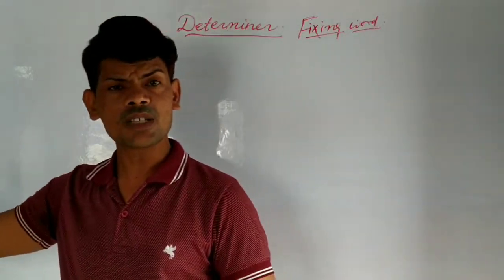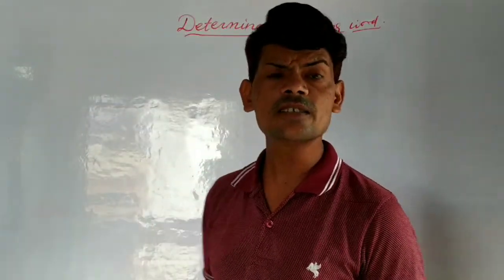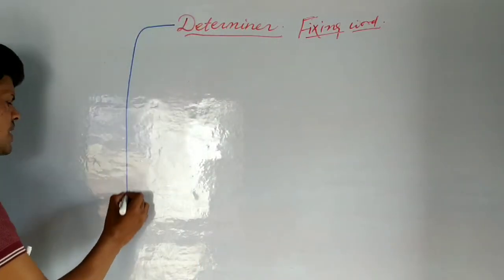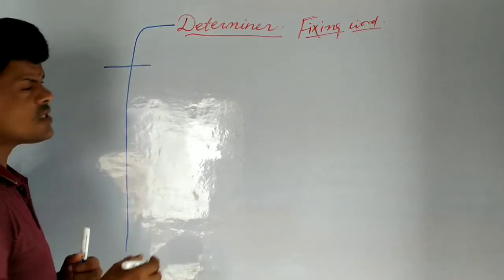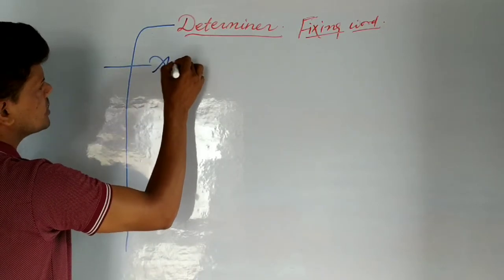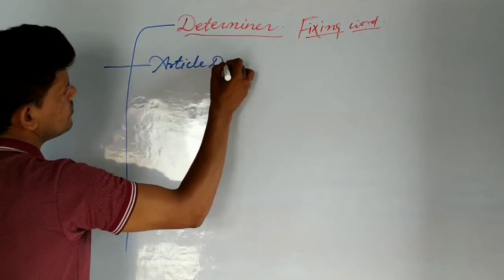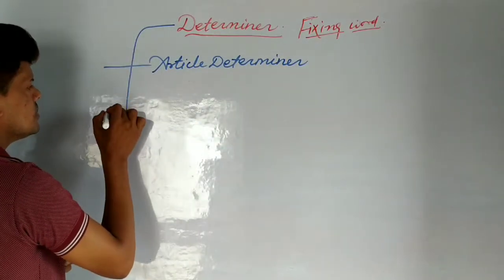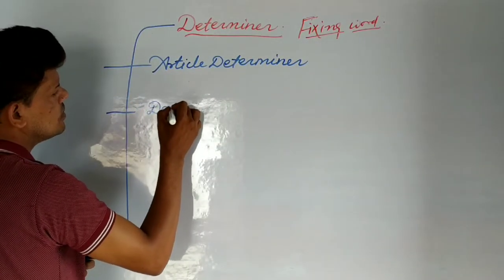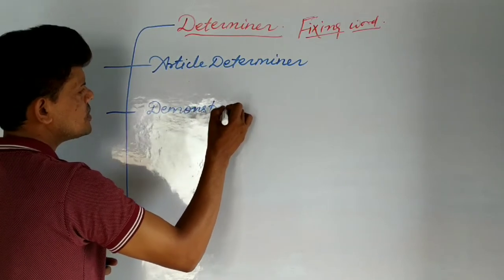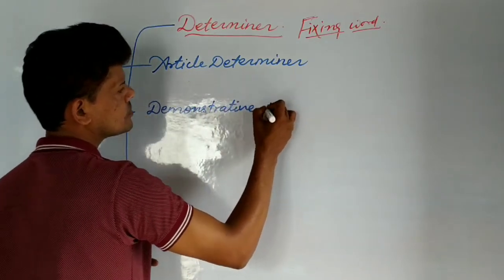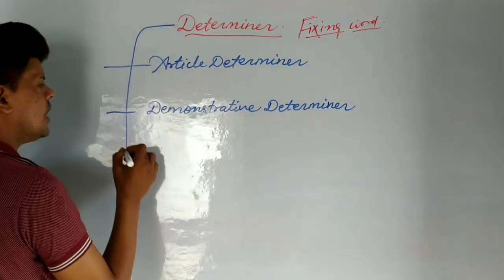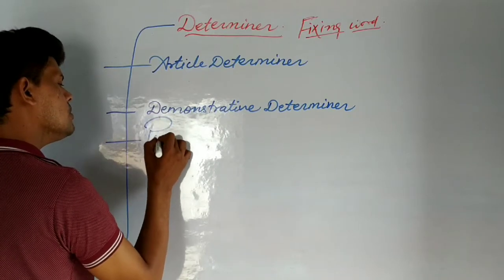We discuss the kinds of determiners. How many kinds of determiners? Dear students, there are mainly 7 kinds of determiners. First one is article determiner. Second is demonstrative determiner. Third is possessive determiner.